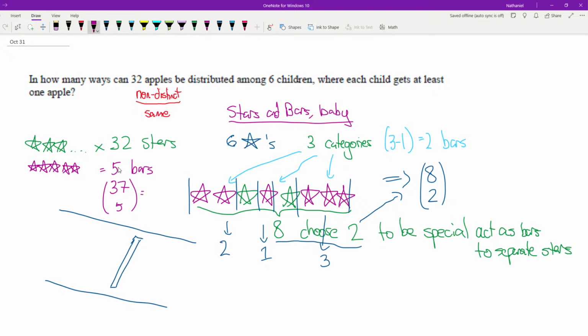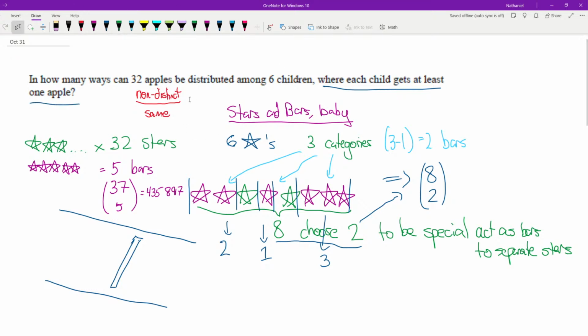So first of all, let's get a number there. What do we get? 32 choose 5. Okay, so that's a lot, but then they also say where each child gets at least 1 apple.